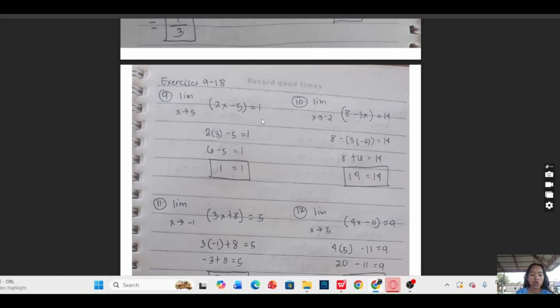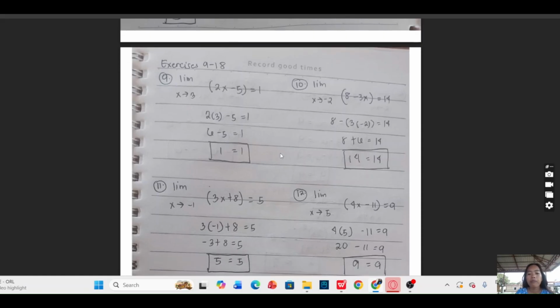So again, we just need to change the variable. Our variable is x, change that into the constant 3. So we have 2 times 3 minus 5. 2 times 3 is 6, minus 5, that would be equal to 1. So 1 is equal to 1. That is checked. That is equal.